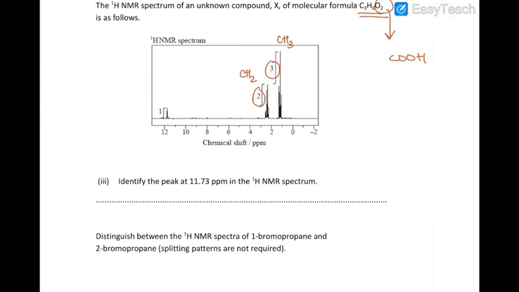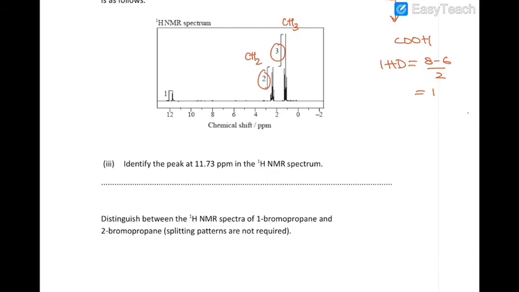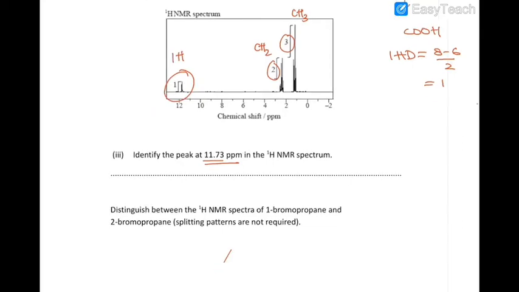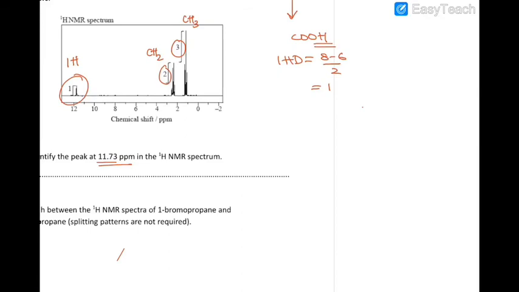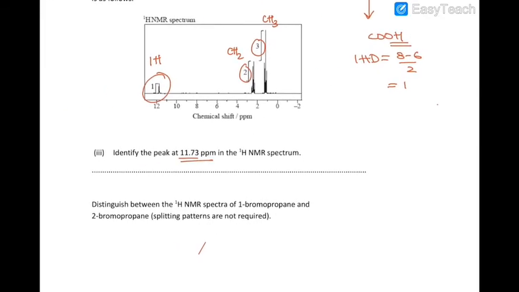If you calculate the IHD, you're going to have 1, so most probably the double bond in the COOH. The peak at 11.7 ppm has only 1 hydrogen, so most probably it's the peak due to the OH in the COOH.